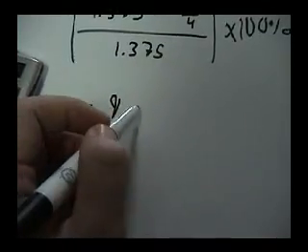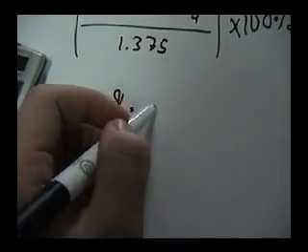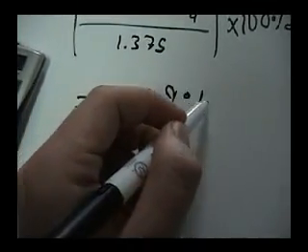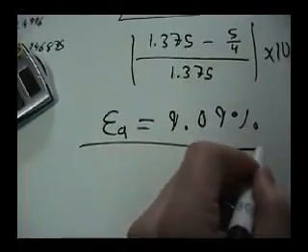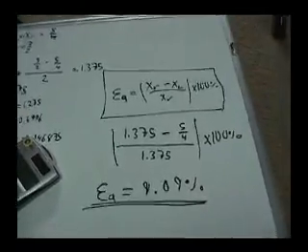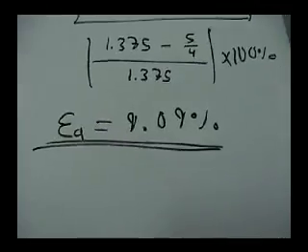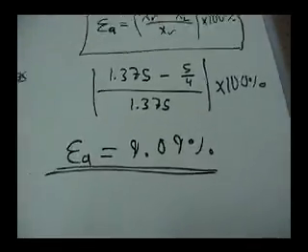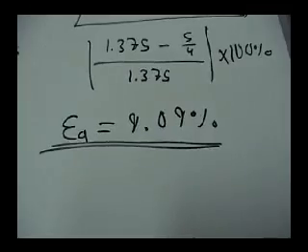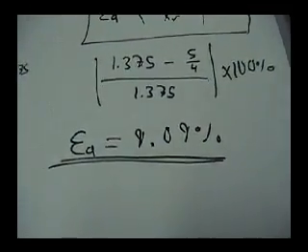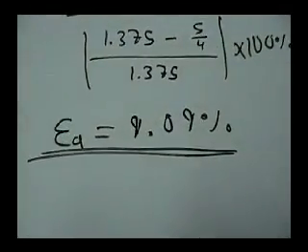That gives 9 point, I guess you could just say 0.9%. So our epsilon A, approximate error after, I don't know, 3 or 4 iterations is 9.09%. What the approximate error does is it is the maximum amount of error that there could possibly be in your calculation.